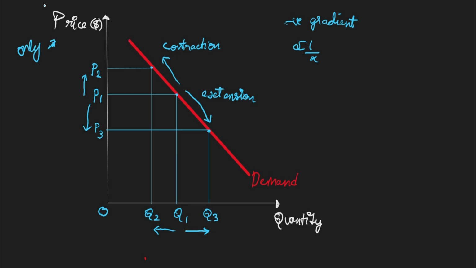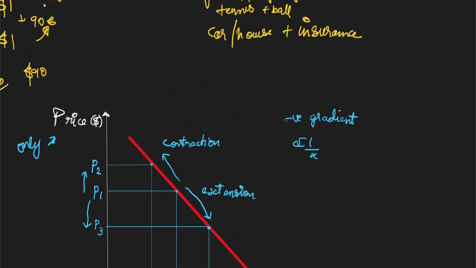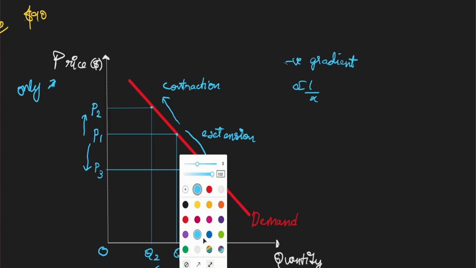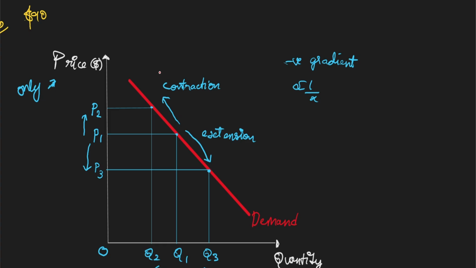So now you remember the determinants, right? If that causes a change, how would that be represented in the graph? Well, usually it results in a movement of the line itself. So something like this or like this.